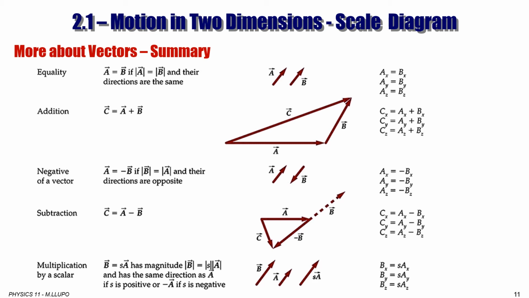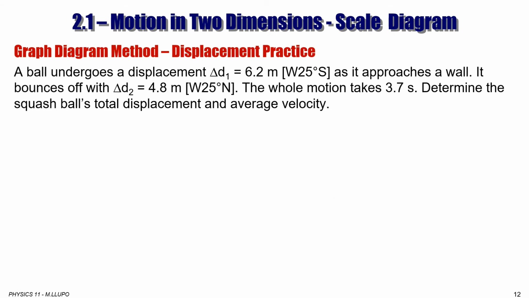So if you multiply a vector by 3, for example, that is going to make the vector 3 times longer. And if you multiply a vector by negative 3, again it's going to make the vector 3 times longer, but in the reverse, opposite direction. That's the summary of vectors.